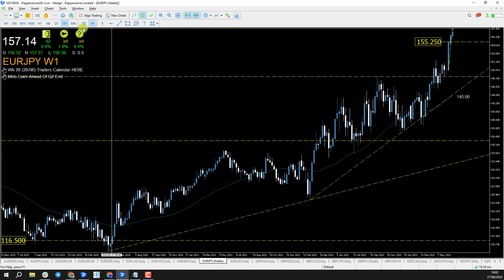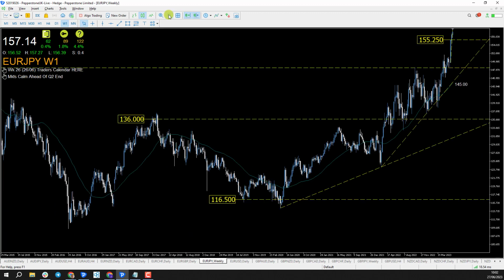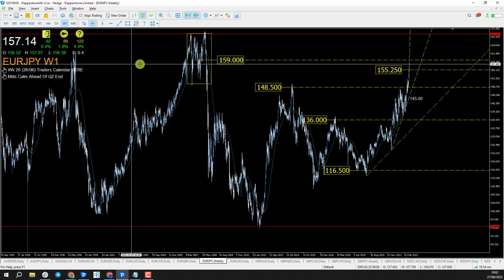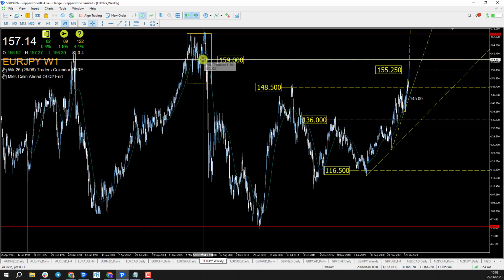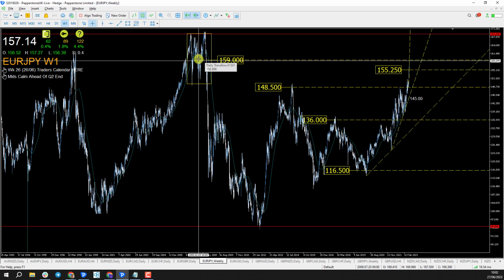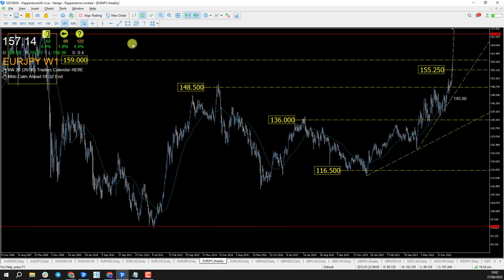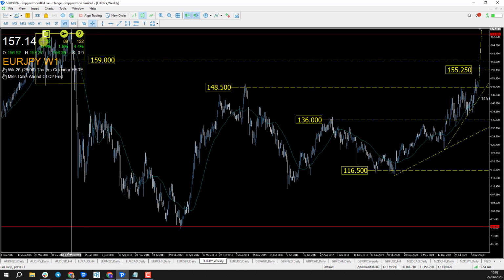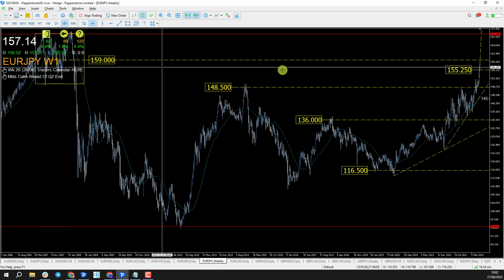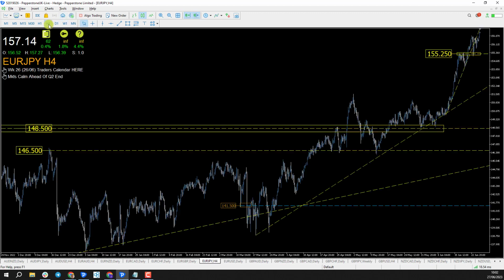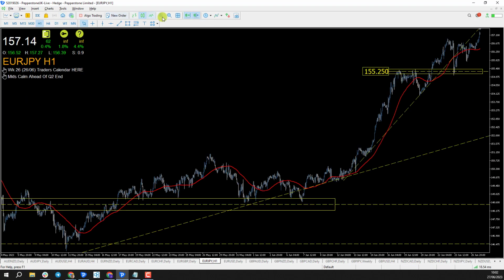I can see if I go up to the weekly time frame and just zoom out, we've been talking about the 159 handle, which was these kind of clusters of support and resistance within this weekly area of this consolidation pattern. So 159 was our target, and it looks like we could still see 159 coming into play.